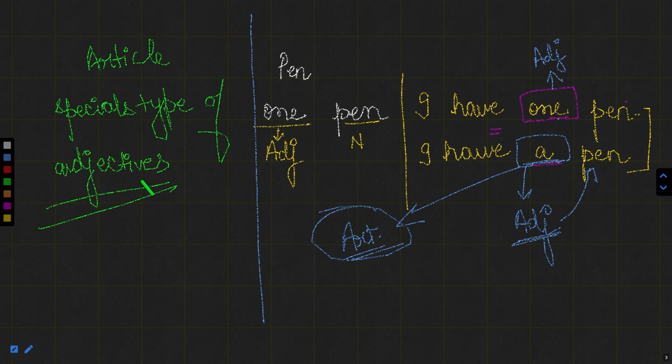Articles are a special type of adjectives, so from here it can be inferred.